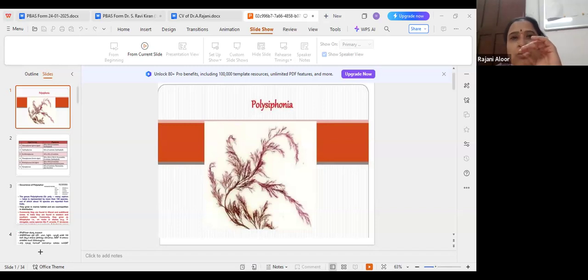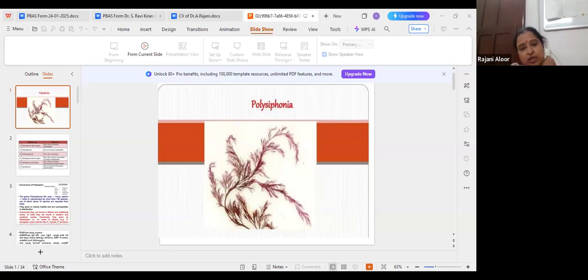Another very important pigment system is the phycobilins, meaning phycoerythrin and phycocyanin, both present. Phycoerythrin is very dominant, that's why the color is red. This is the Rhodophyceae pigment system.